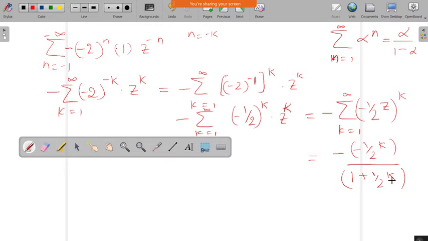Here 1 by 2 z is coming, so this is half z divided by 1 plus half z. Instead of 1 by 2 z we want 2 z, so if you put minus n, you will get plus k, and it will become 2 power k. So then it will be the minus of minus 2 power minus n. That is the result we need to get.